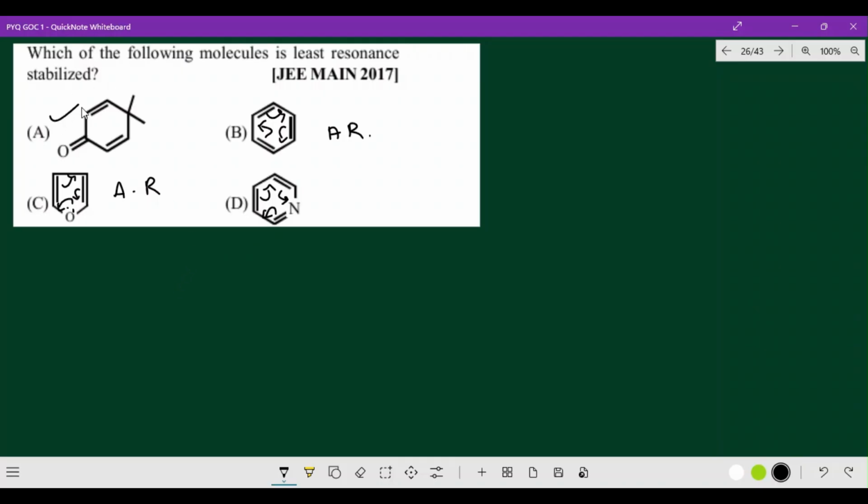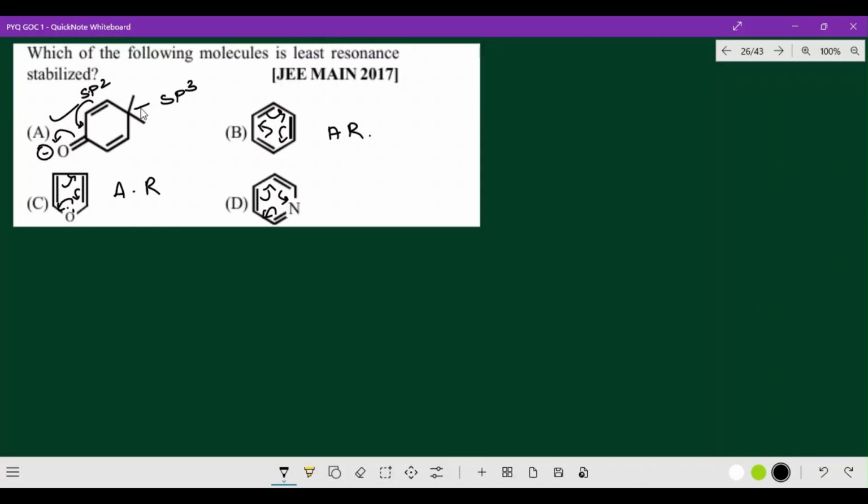Option A, actually here is sp2 hybridization. So what happens? It comes over here, so naturally the minus goes over here. But here this is sp2 hybridization, whereas here it is sp3 hybridization. Now here the conjugation effect does not take place. Why?